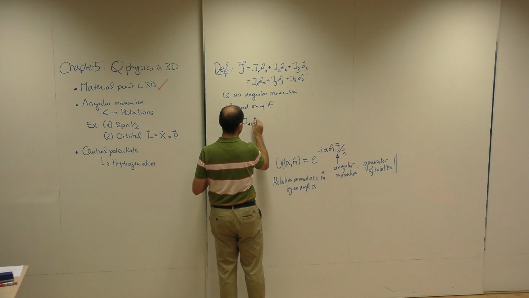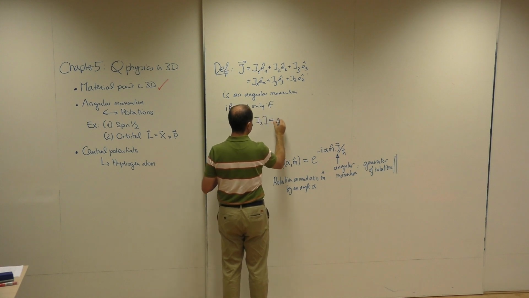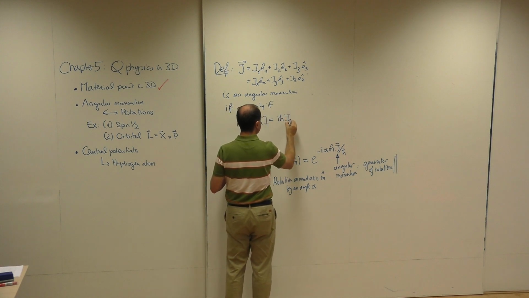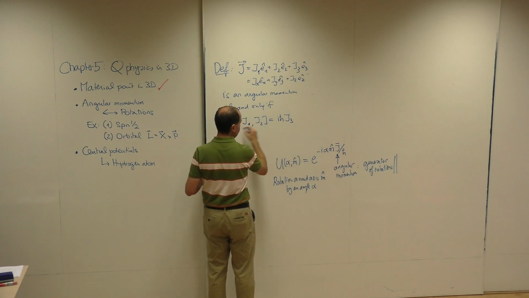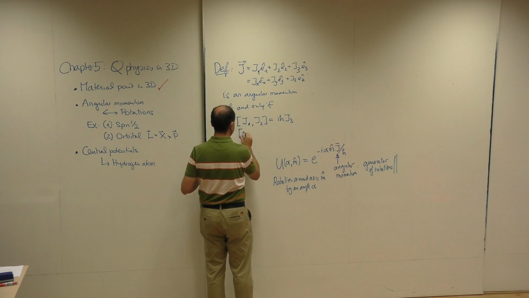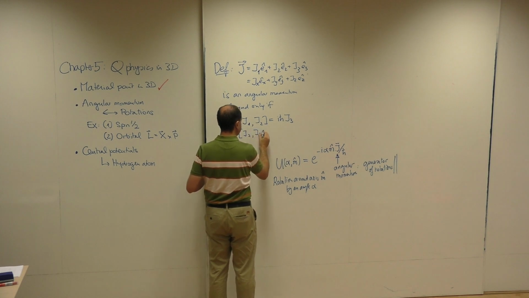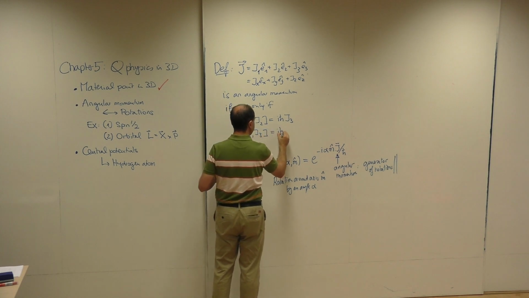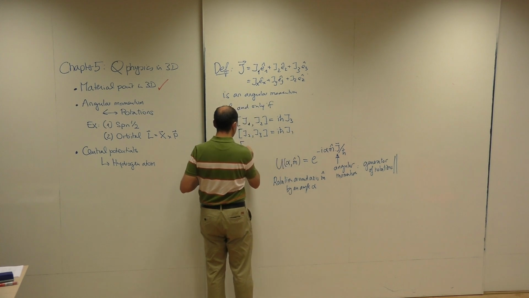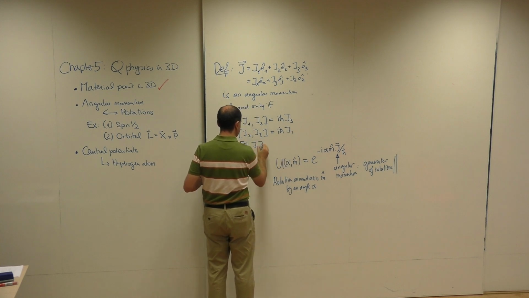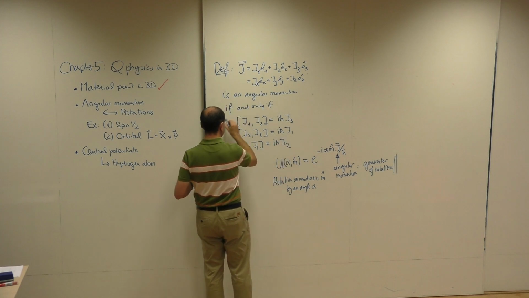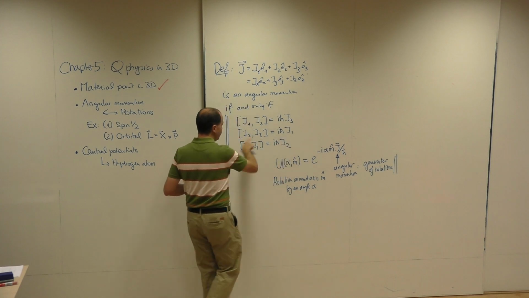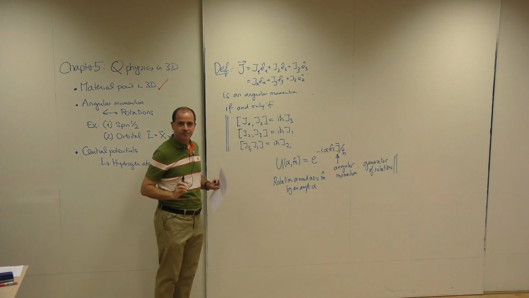The commutator of J1 and J2 is equal to i h bar J3, and of course plus circular permutations, which means the commutator of J2 and J3 is equal to i h bar J1, and of J3 and J1 is equal to i h bar J2. So this is the definition of angular momentum.